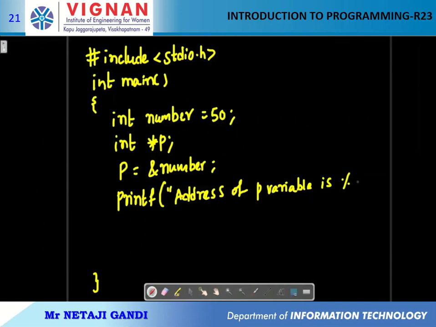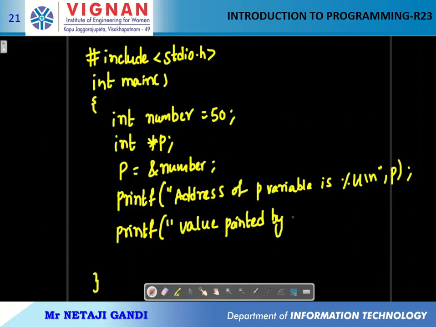You can use an unsigned int representation, percentage u, to print this address p, and also you can use the value representation, that is the value pointed by pointer p, using percentage d, which is star p, so that will print the value that is pointed by pointer p.